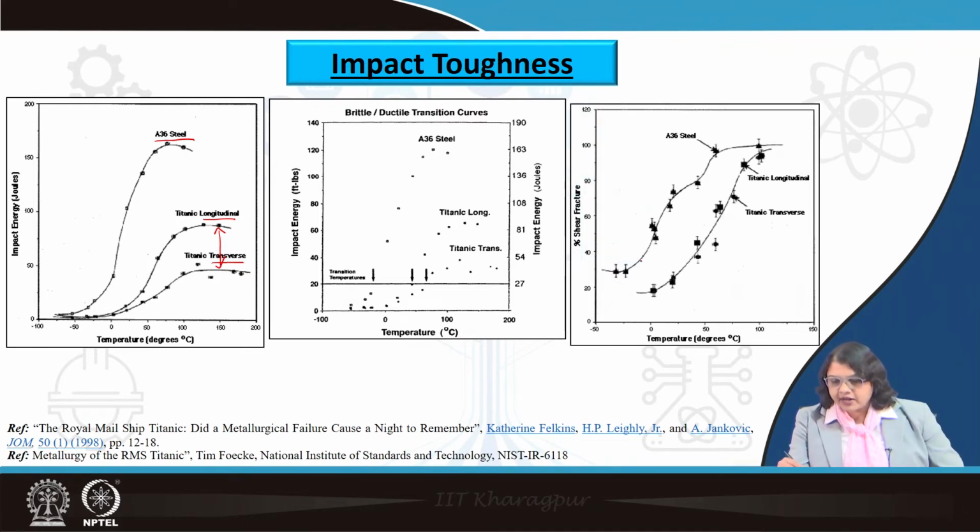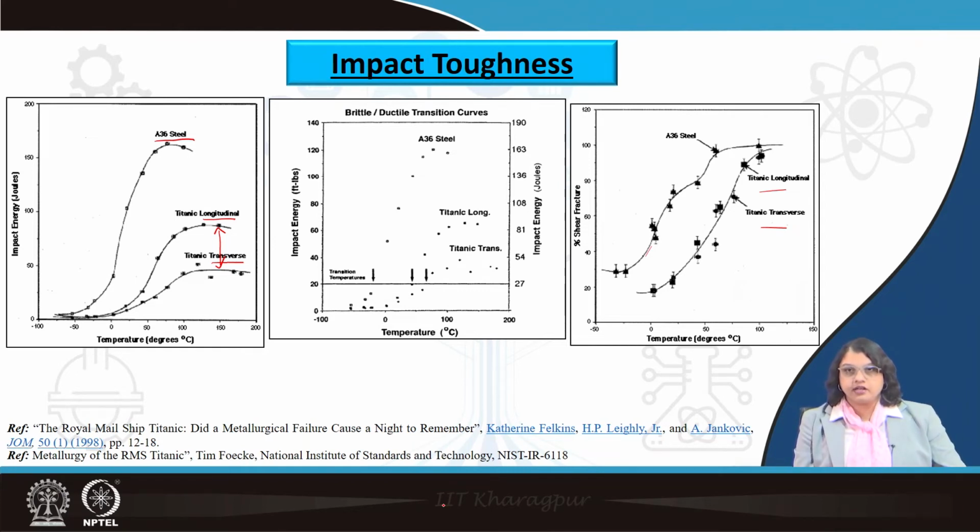This is the shear fracture percentage, and here also we can see the longitudinal and transverse have quite some different values. Not only that, the second observation from the impact toughness testing is the ductile to brittle transition temperature, whichever way we want to measure that.